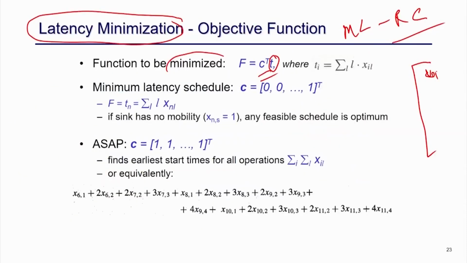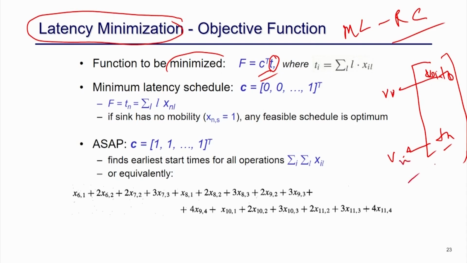So, this T would be of size n, some T1 to Tn, where Tn is the start time of operation n, and T0 is the start time of operation V0. So, that will give you the start time of Vn, right.